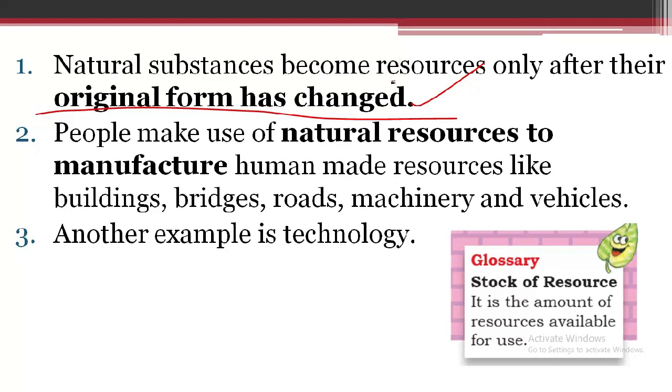Now what was the original form of that furniture? Let us consider table and chair. It was a tree in the forest or elsewhere. Now when humans entered the forest, they cut the trees, they collected the logs, they brought it to their factories, and there, after processing those logs of wood, they were converted into different kinds of furniture, for example table, chair, etc., even your pencil.